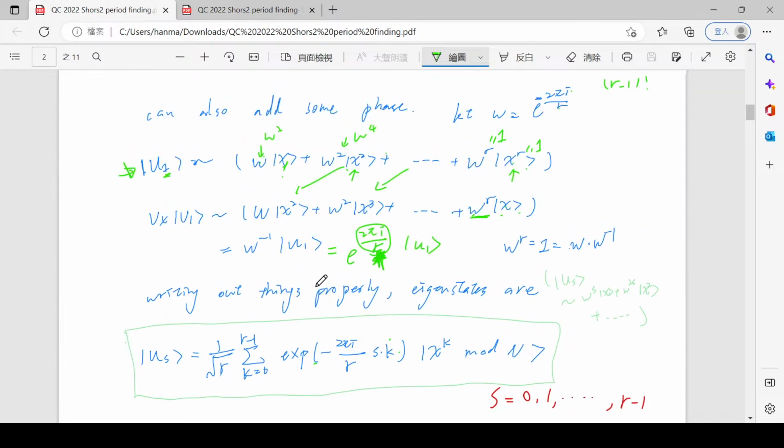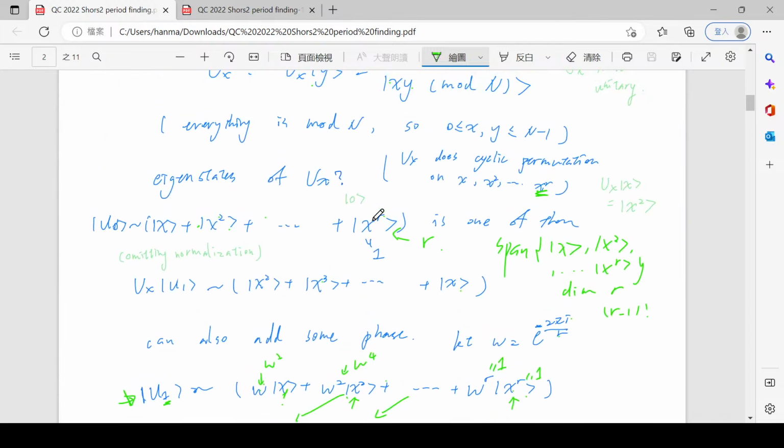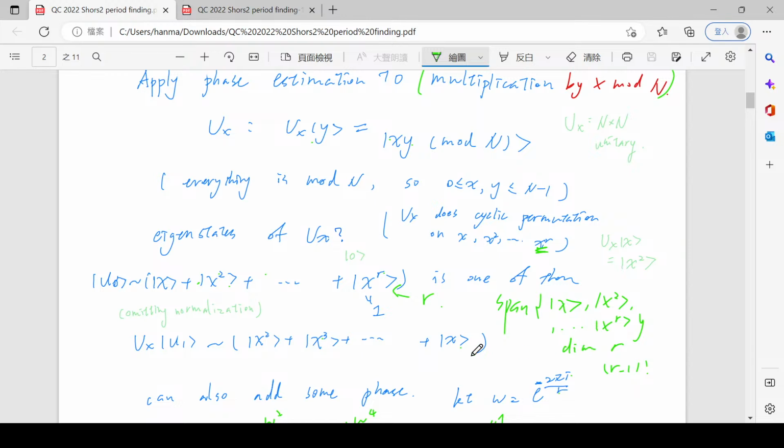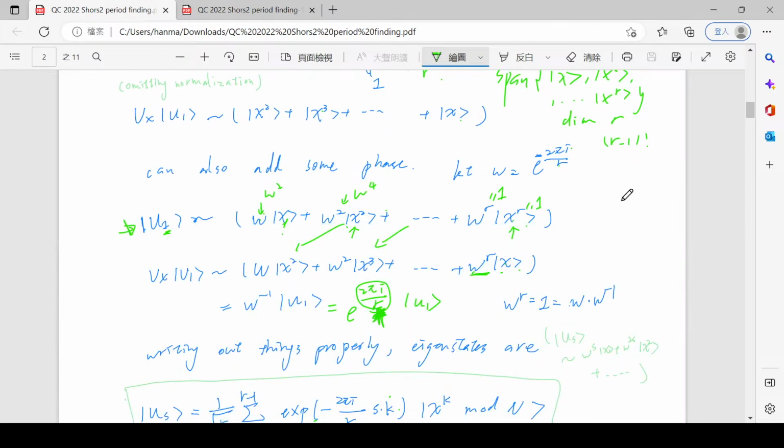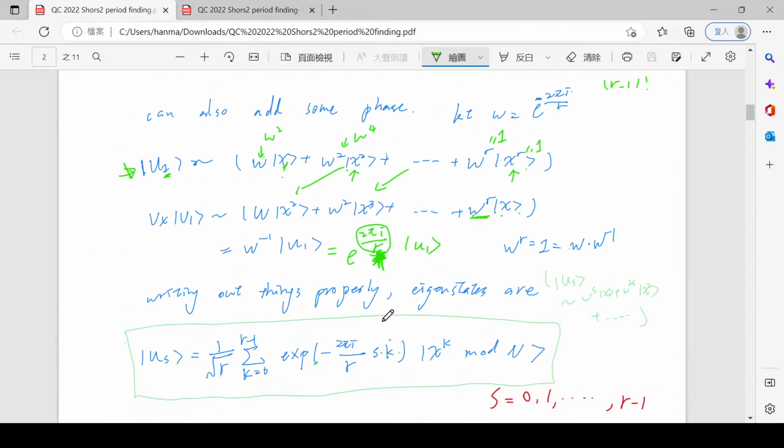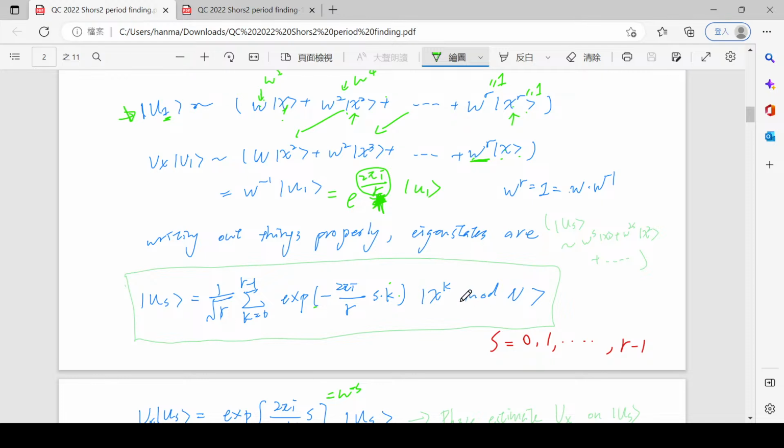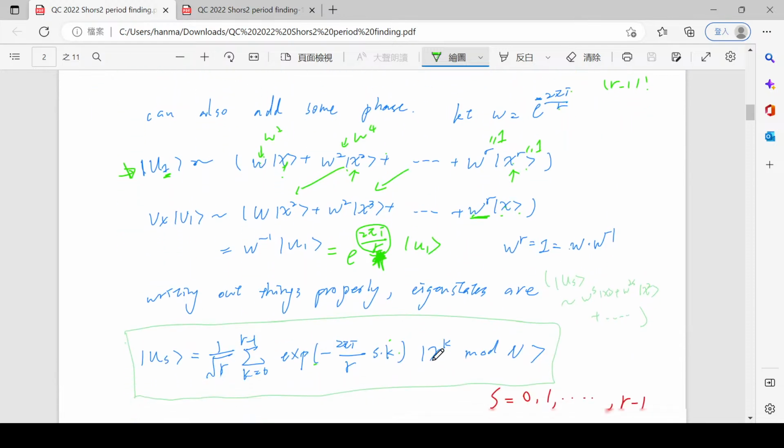That's because when you consider the eigenvectors of this r-dimensional space, of 1 getting multiplied by x, so 1, x, x squared, all the way to x to the r, its eigenvectors are an equal superposition of all those powers of x times some exponential phase.